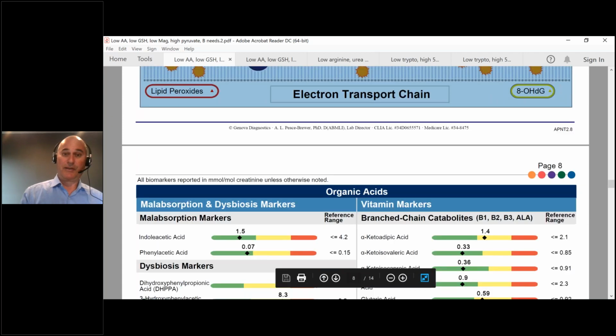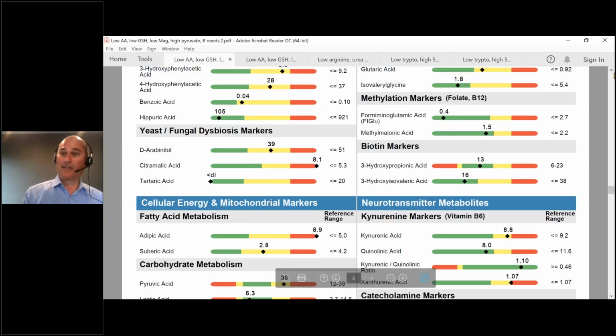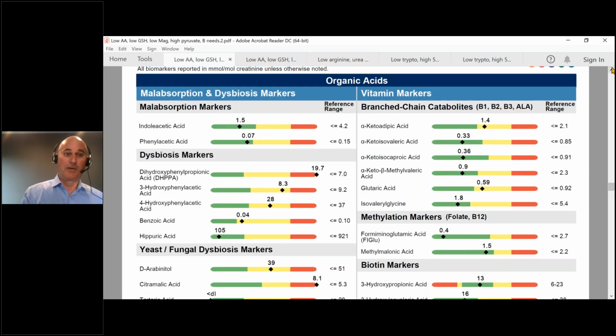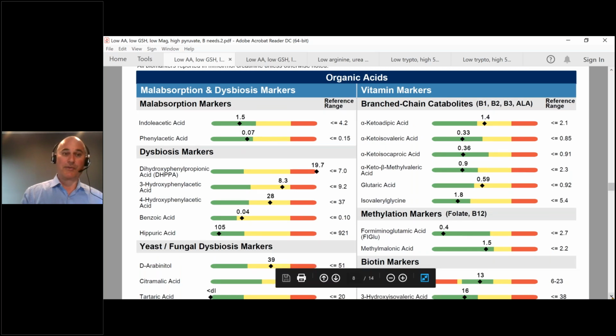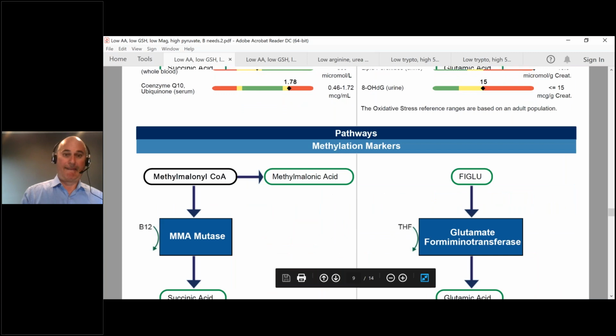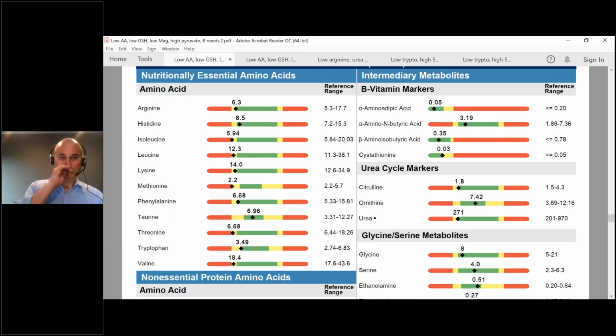Right? And let me show you here. They also have a nice breakdown later on in the test where you can see individual markers in more detail. Right? So let's hone in on the ones that we're talking about today because it's too much of a test to cover everything here. Amino acids.